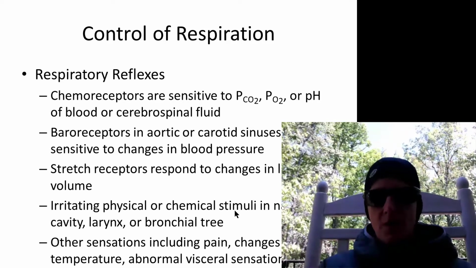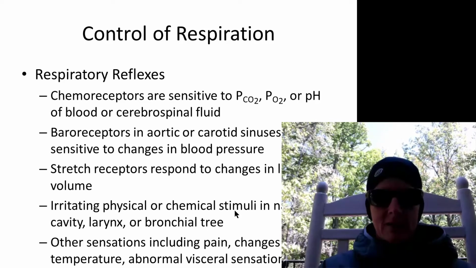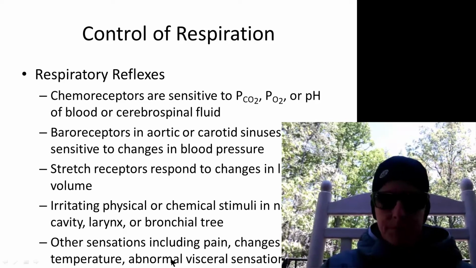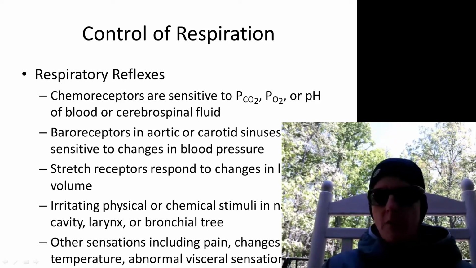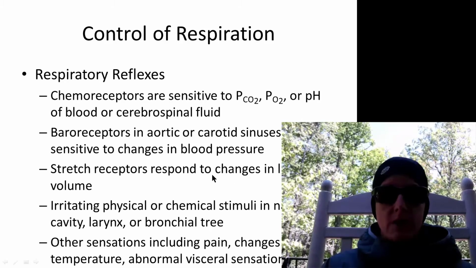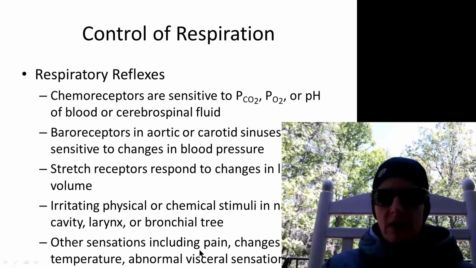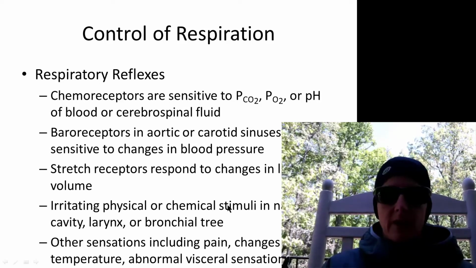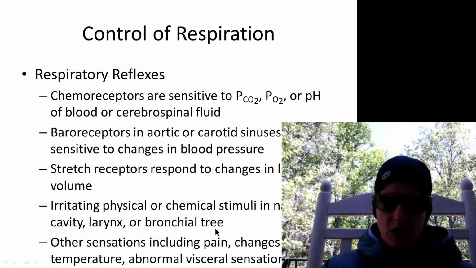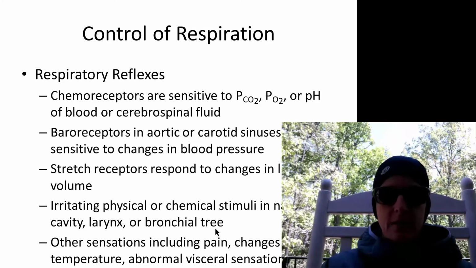So if you've ever swallowed an insect accidentally and had it go in there, you'll probably cough it back up. All right, so there are other things that can change your rate of respiration: pain, body temperature changes, and abnormal visceral sensations can all change your respiratory rate and depth.